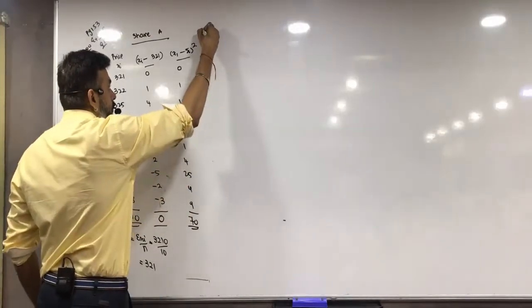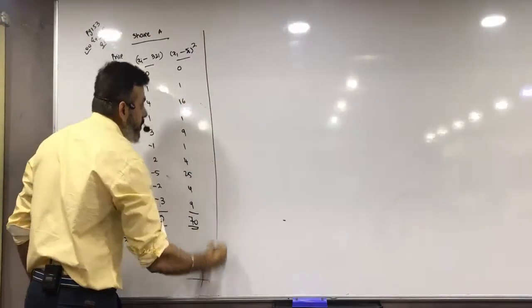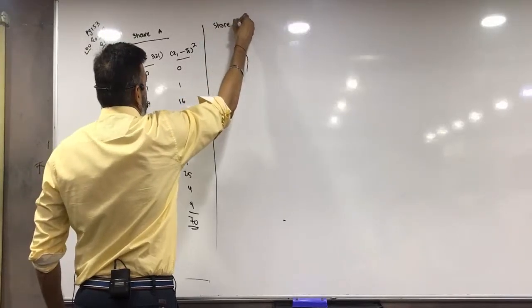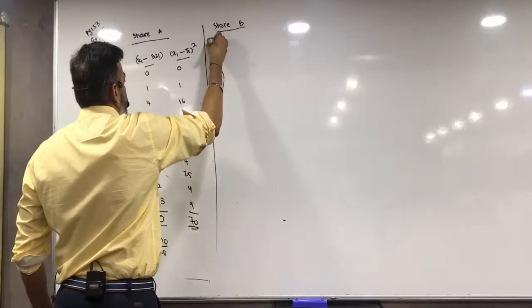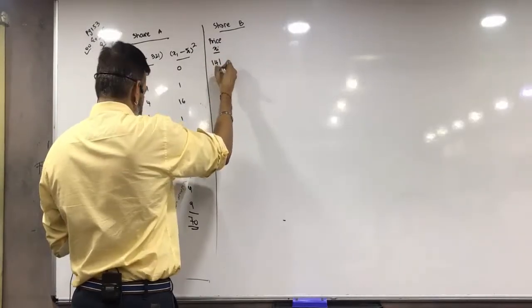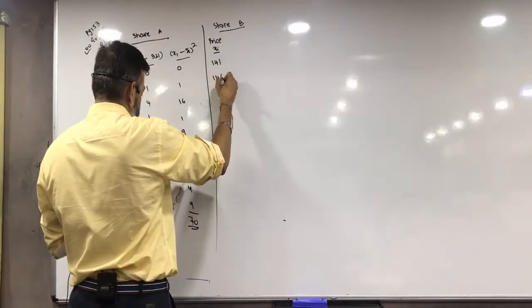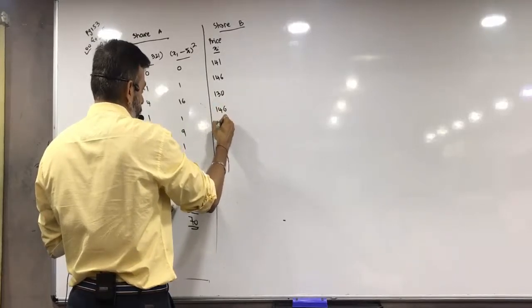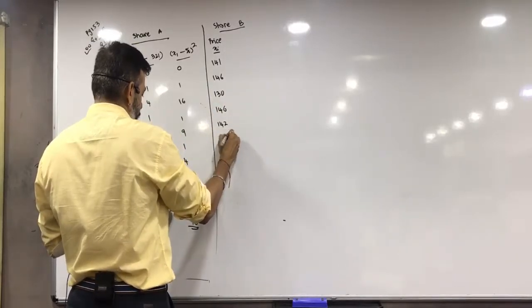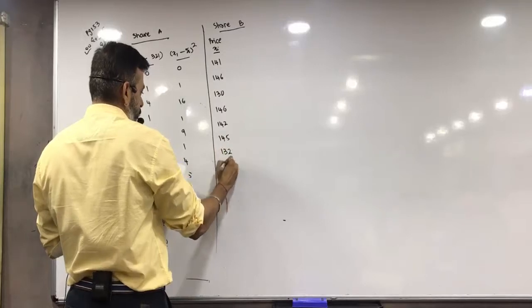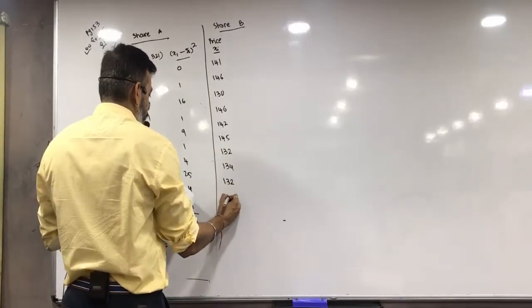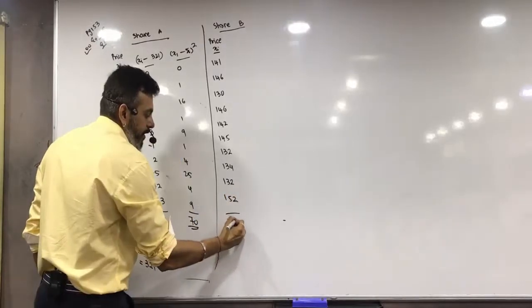Okay, now we found it for share A. Now we go for share B. Price xi: 141, 146, 130, 146, 142, 145, 132, 134, 132, 152, total 1400.